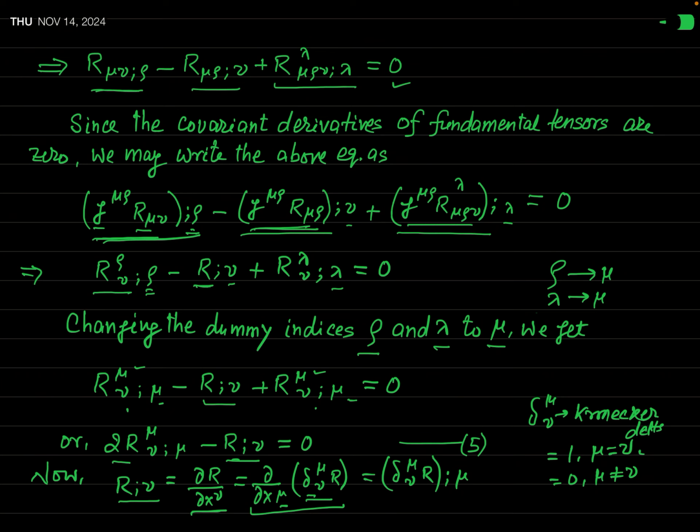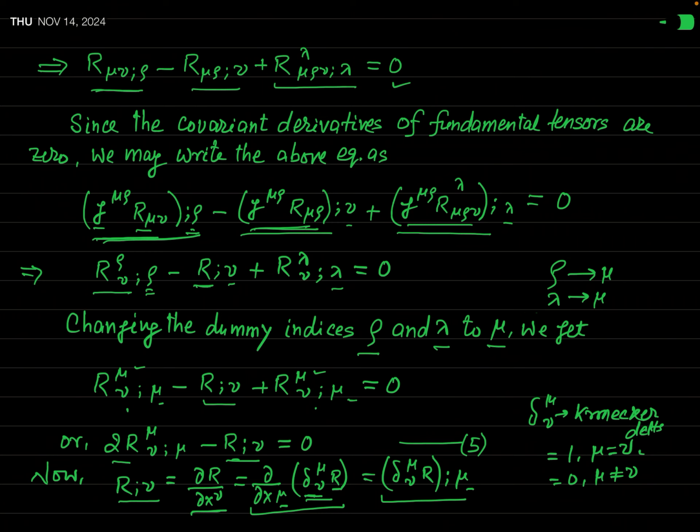So this is just the covariant derivative of the inner product of the curvature scalar R and the Kronecker delta. Symbolically, we can now write this derivative in this form: the covariant derivative of delta mu nu times R with respect to mu.